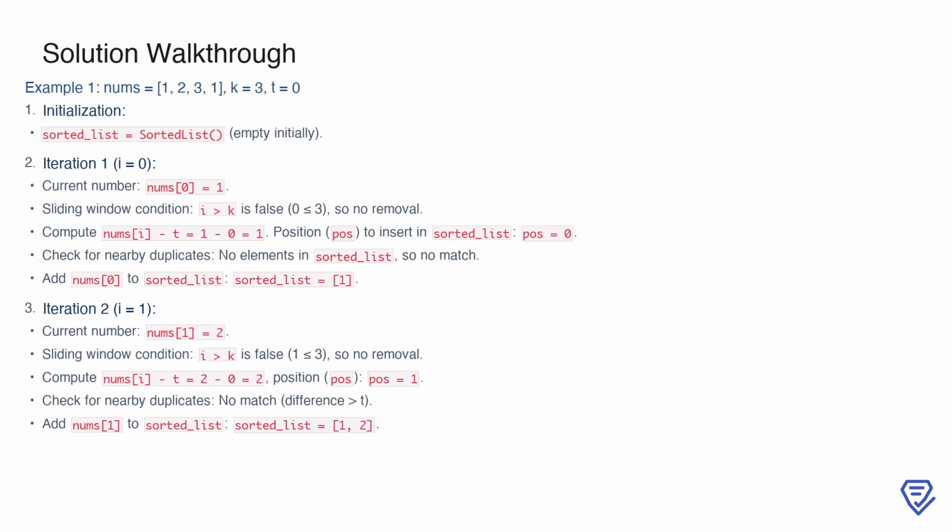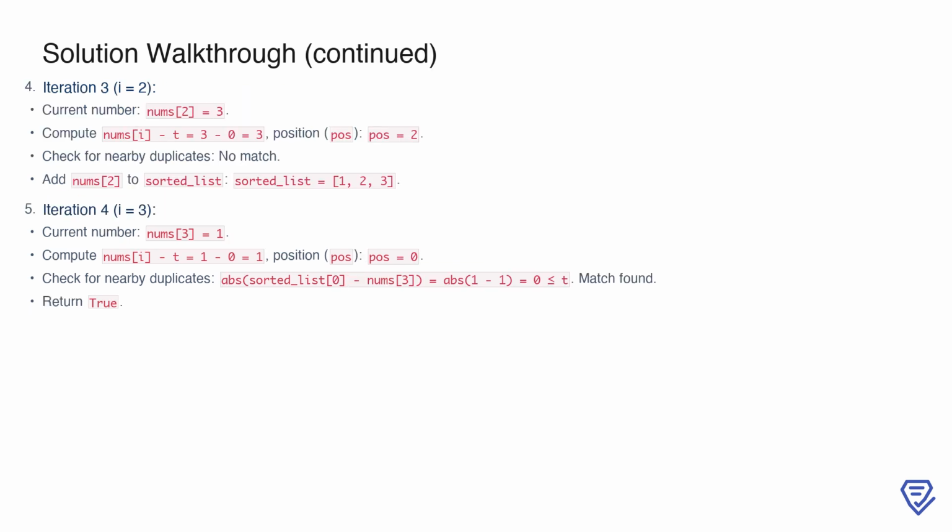Next, for nums[1], which is 2, the sliding window condition again does not require any removal. We compute nums[i] - t, which is 2 - 0, giving 2, and find that the position to insert it is 1. Checking for nearby duplicates, we find no element within the allowed difference of t. We add nums[1] to the sorted list, so it becomes sorted_list equals [1, 2].